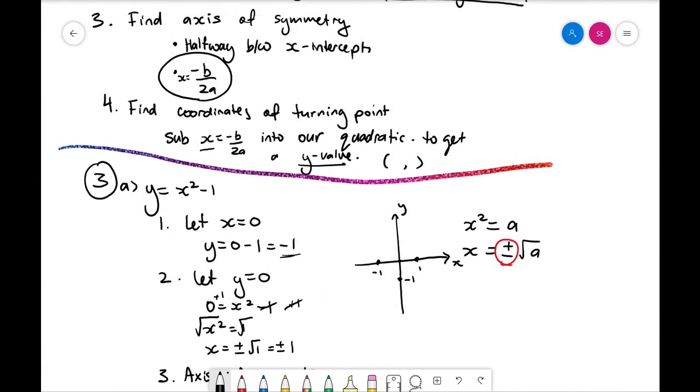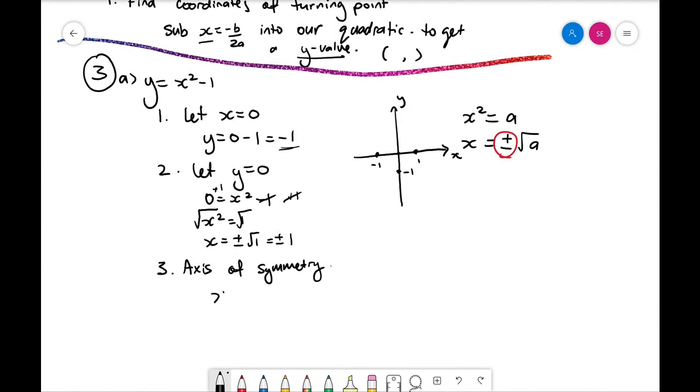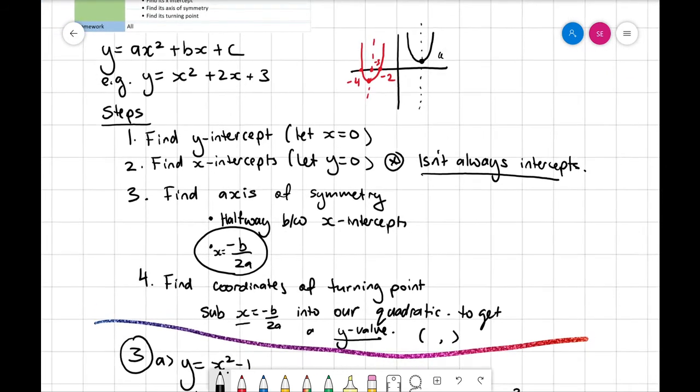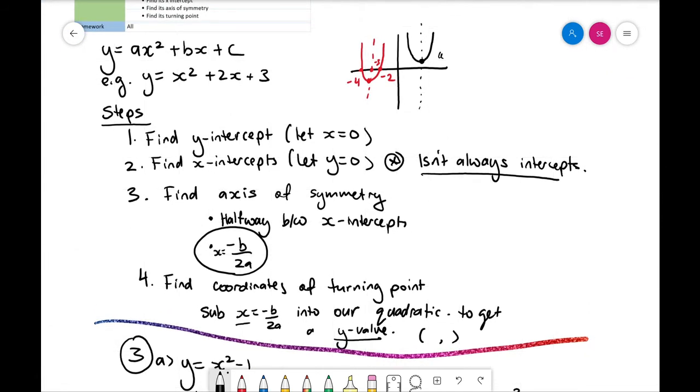X is equal to minus b on 2a. And what we mean by minus b on 2a is, well, we look back up at this polynomial equation up here. So minus b, so b is the number in front of the x. A is the number in front of the x squared.